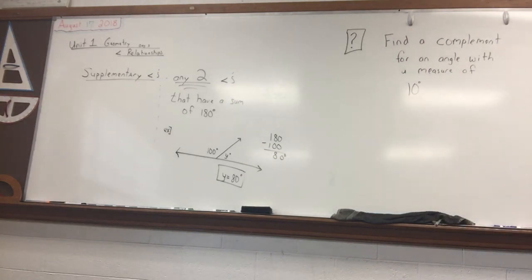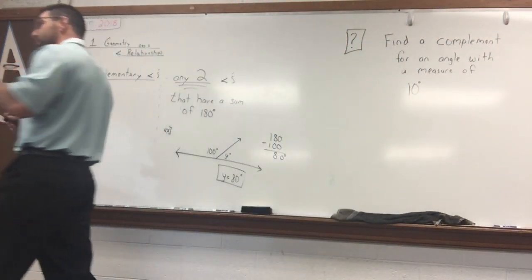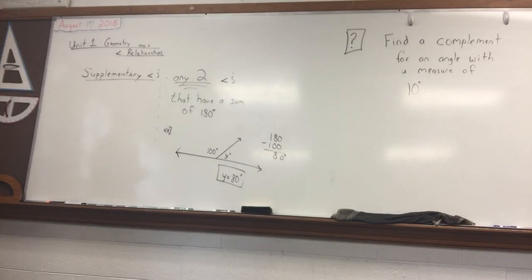So, we have two new words today with angle relationships. We had complementary, which means they have a sum of 90 degrees. We had supplementary, which means they had a sum of 180 degrees. But we haven't seen the word complement.